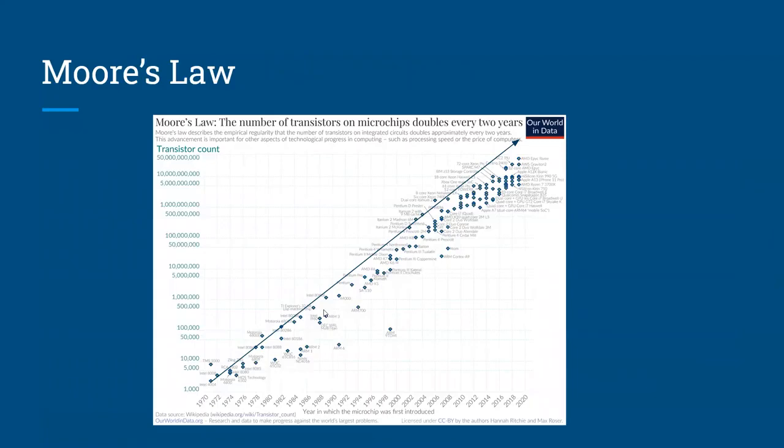So talking about transistors, probably everybody is going to talk about Moore's law, and Gordon Moore was at the time working as the Director of Research and Development at Fairchild Semiconductor. In the 35th anniversary issue of the magazine Electronics, he predicted that the number of transistors on existing microchips will double every 2 years.